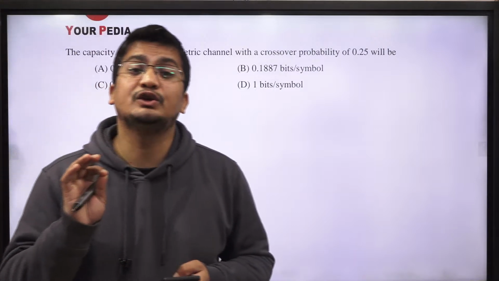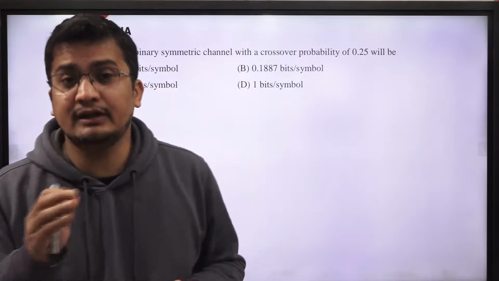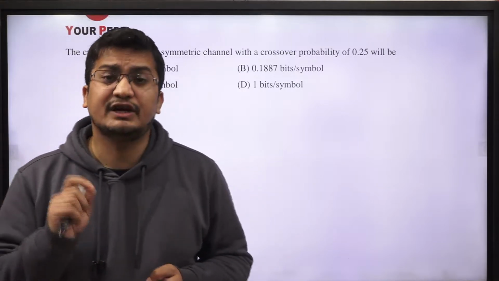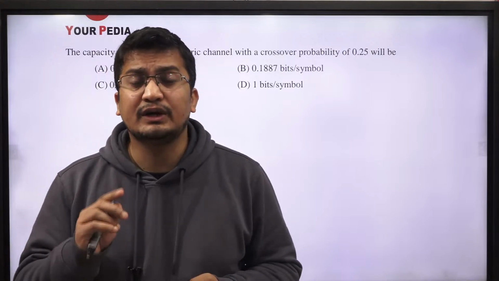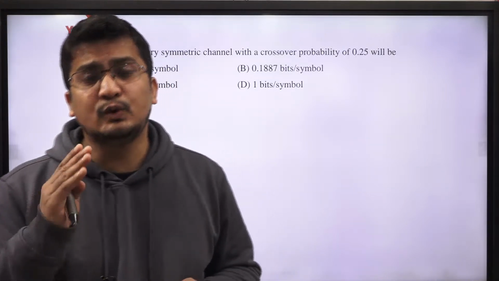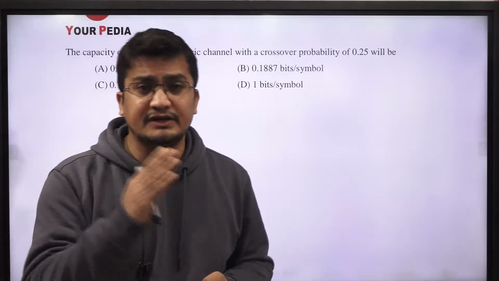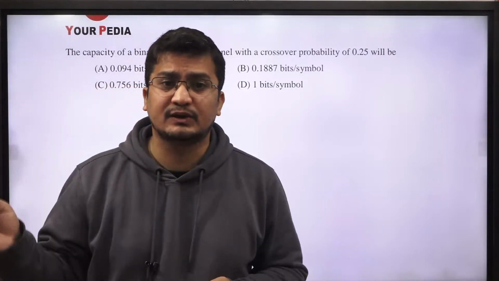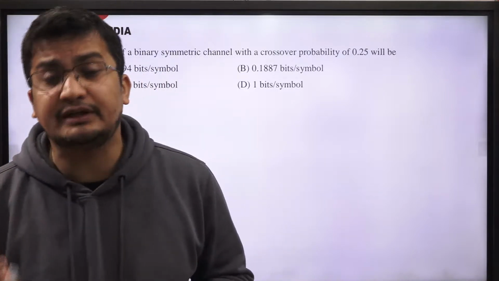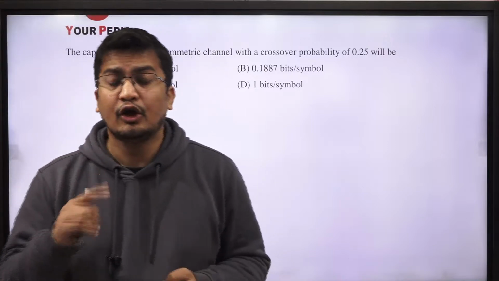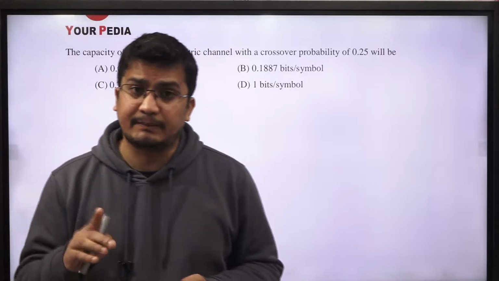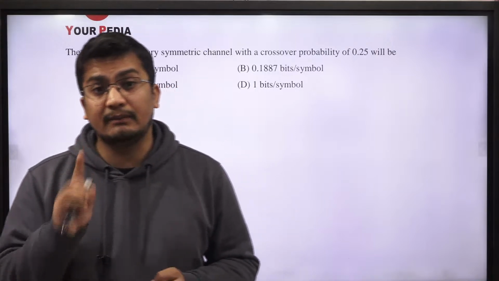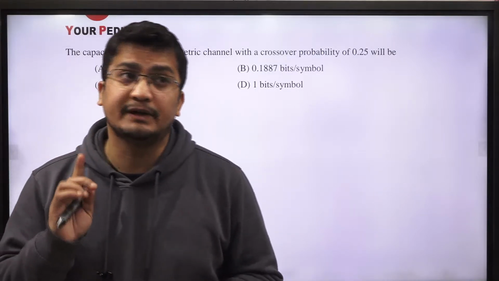A lot of questions are usually asked in the ISRO exam and the BARC exam on the basis of channel capacity. So guys, in a binary symmetric channel, we have two symbols, 1 and 0. A 1 may be transmitted as 1, and 1 may be transmitted as 0. So there is some distribution of probability. There is a channel matrix for the probability. From there, we can calculate the channel capacity. I'm not going for the entire derivation, but for the exam, remember the channel capacity formula of the binary symmetric channel.